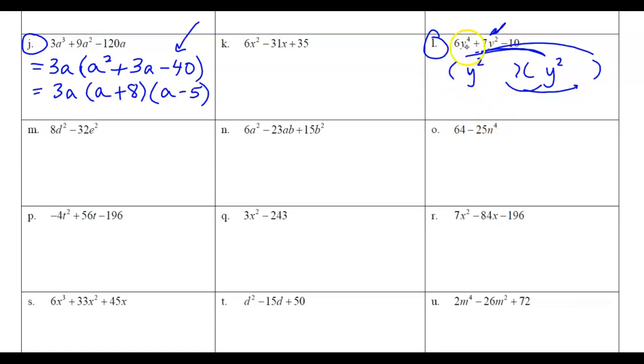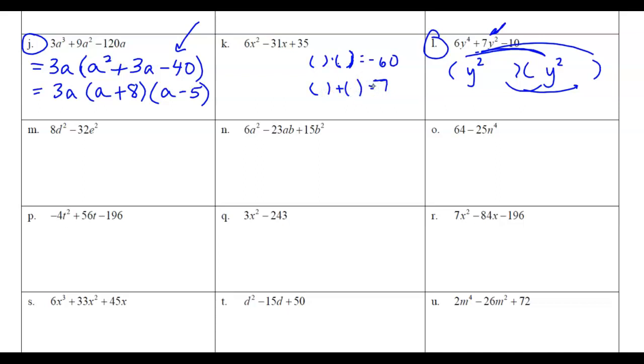So now we need two numbers that multiply to negative 60 and add to 7. Okay, so we multiply to negative 60 and add, sorry, everything's slow, add to 7.